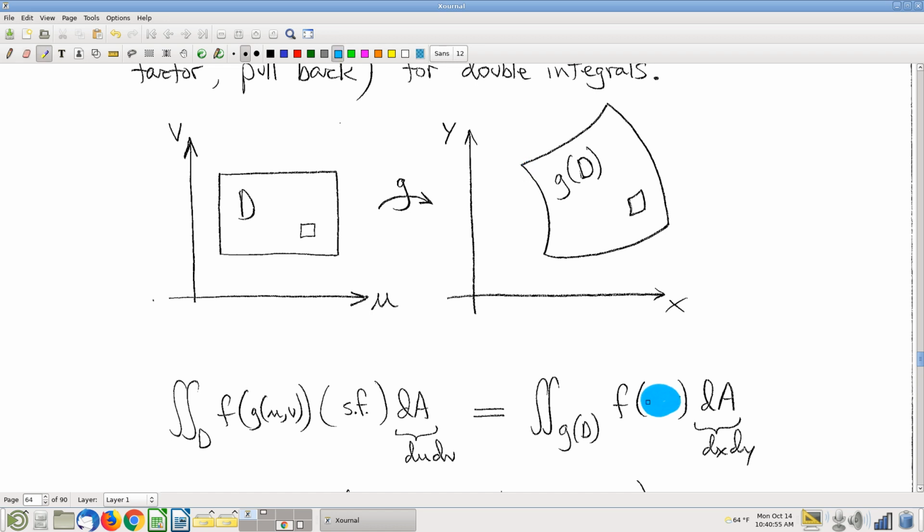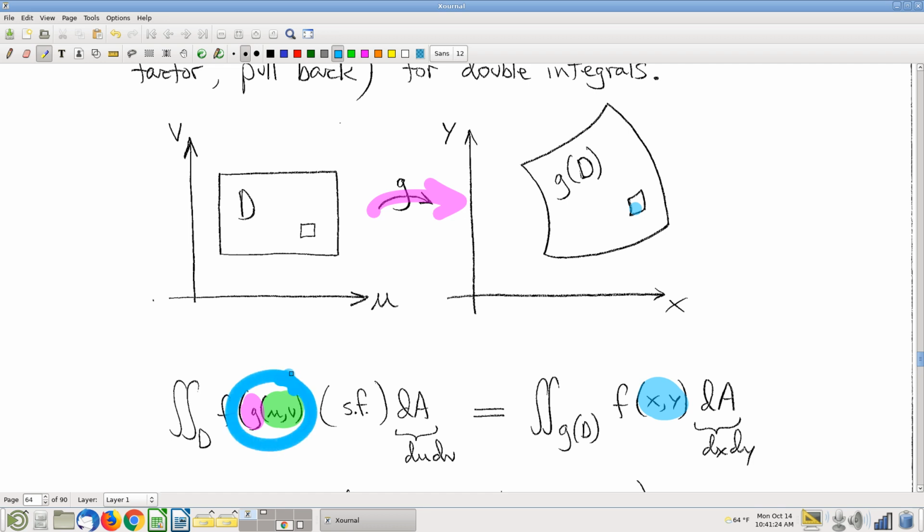x comma y. What is x comma y? Well, x comma y is some point over here. It's the coordinates x and y. Those are the outputs that come from this g function. It's the outputs that come from this point u comma v. So u v is related to x y by way of g.